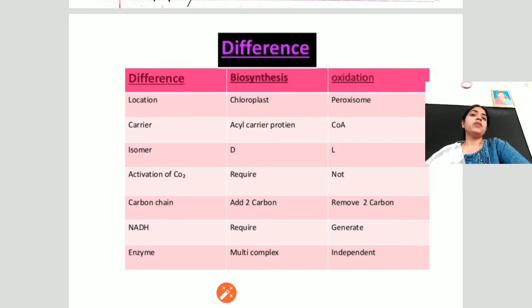For biosynthesis of fatty acid, the carrier is the acyl carrier protein, and for oxidation, CoA. Activation of CO2 is required in biosynthesis and not required in oxidation.